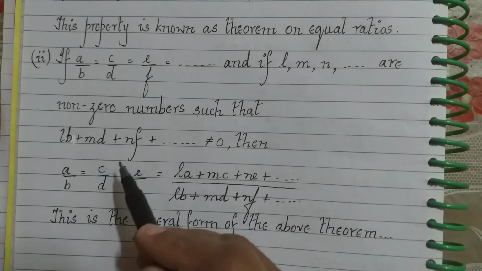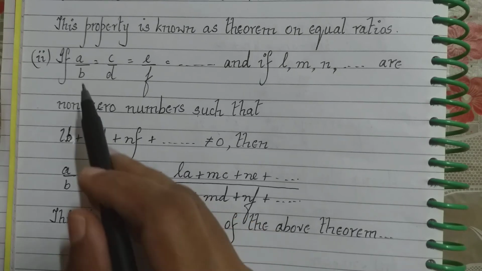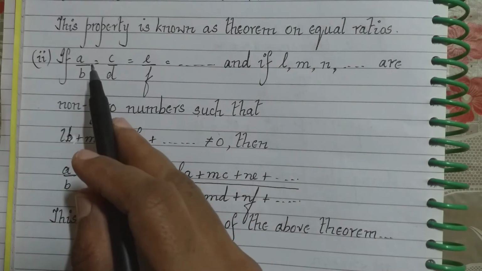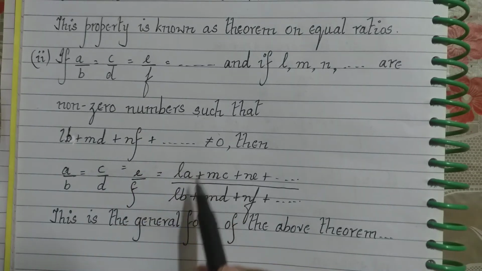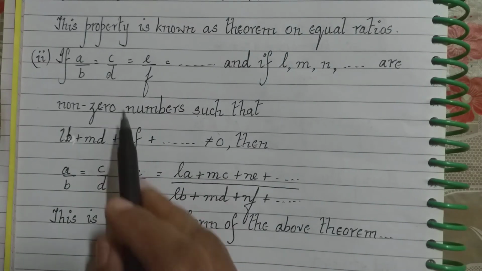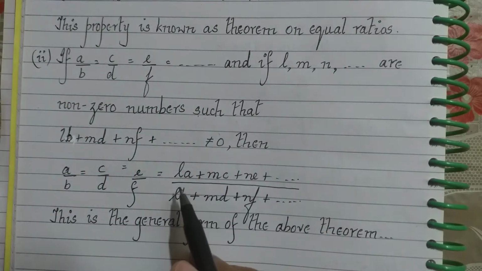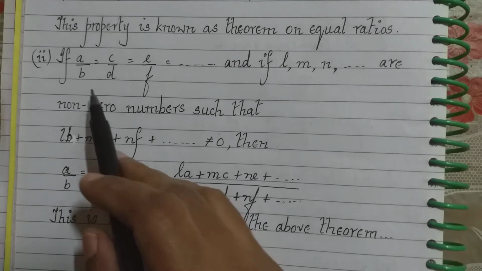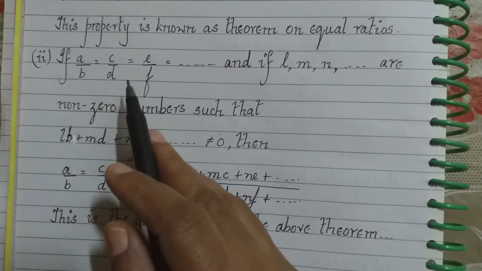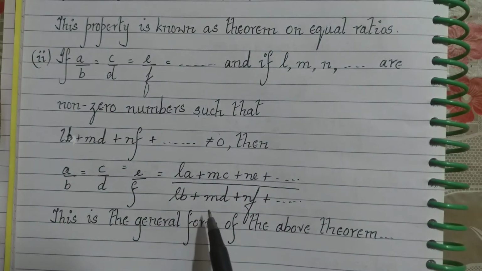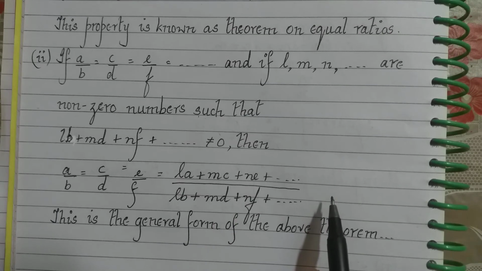A upon B equal to C upon D equal to E upon F is equal to L into A plus M into C plus N into E. So we can have different multiples which are multiplying with each of the numerators also and added up, and the same sequence of multiples which are multiplied with the denominators also and added up. So it does not change.